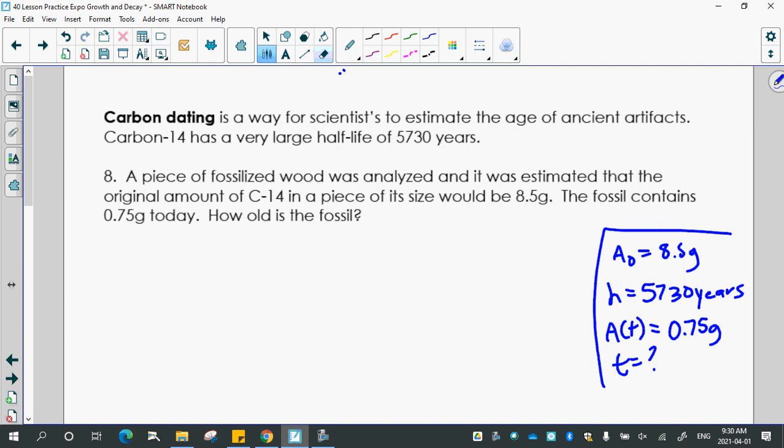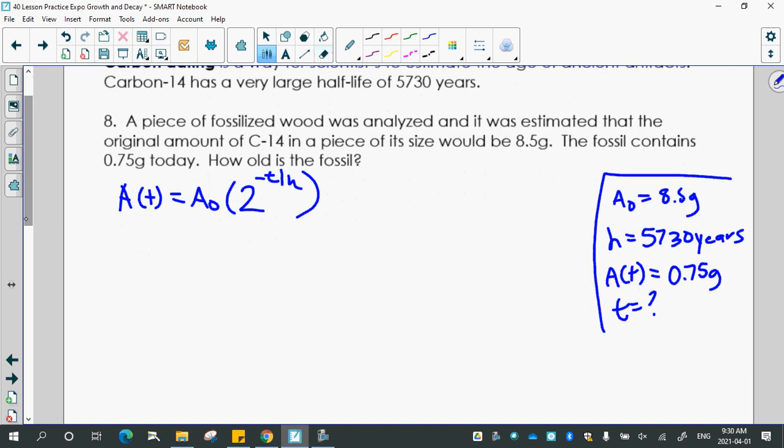Okay, so we'd start off with our general formula for half-life. A at t is A sub 0 times 2 to the exponent negative t over h. And then we'll put in all the values that we were given.